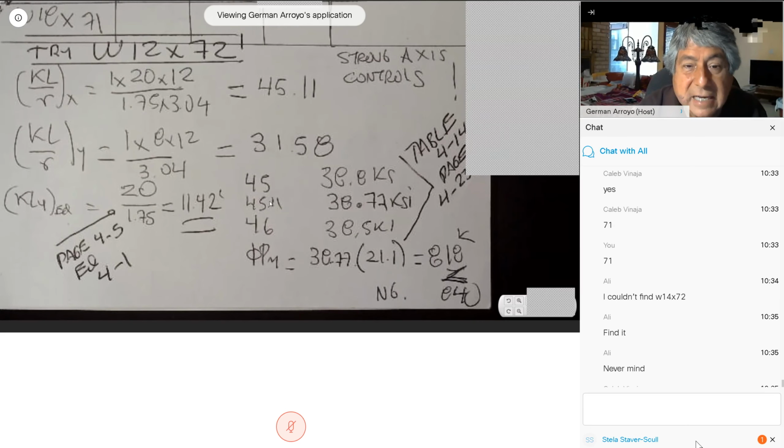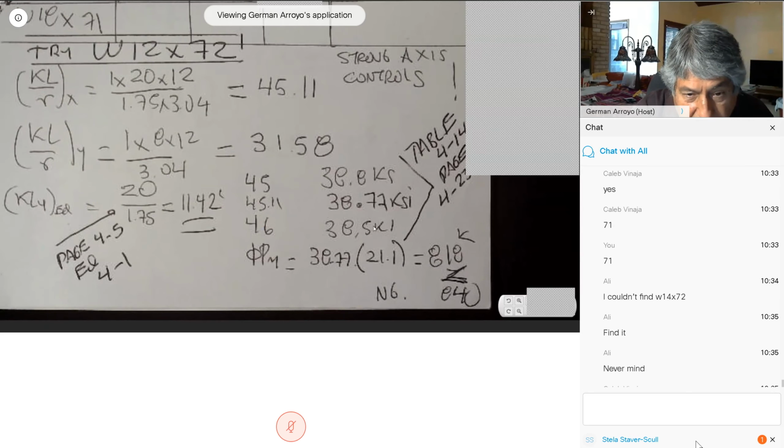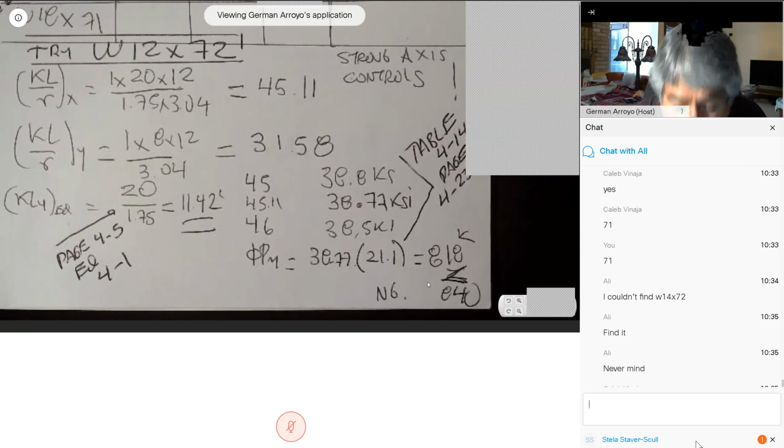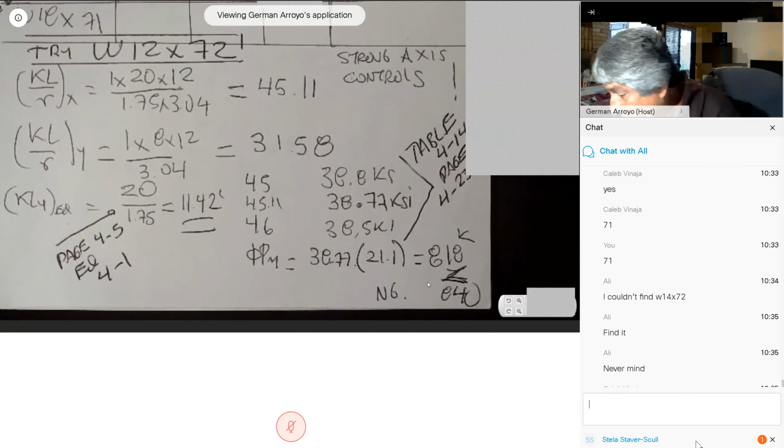It's just the largest value of KL over R. That table is for KL over R. So for 45, Fy 50, 38.8. For 46, Fy 50, 38.5. Interpolation for 45.11, 38.77. Stress times the area, 818. No good.